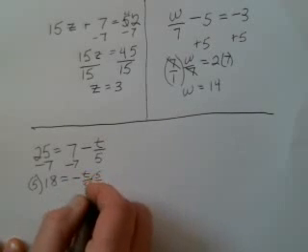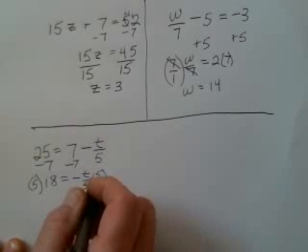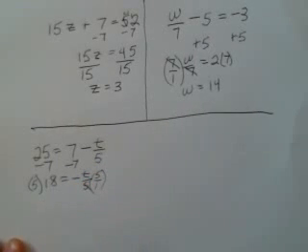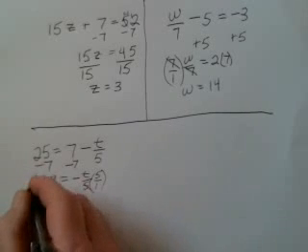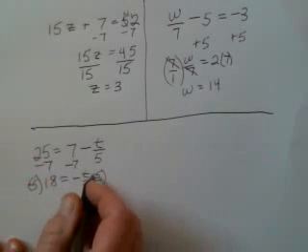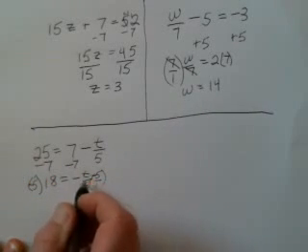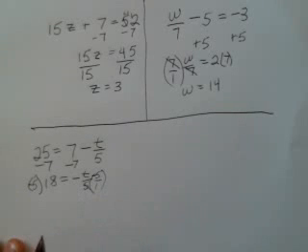Times each side by 5. Put that over 1 if I want. Cancel. But you know what? That's going to give me a negative t, or opposite of t. I don't want that. So instead of multiplying both sides by just 5, I'm going to make it negative 5. Multiply both sides by negative 5, because then a negative times a negative is a positive.